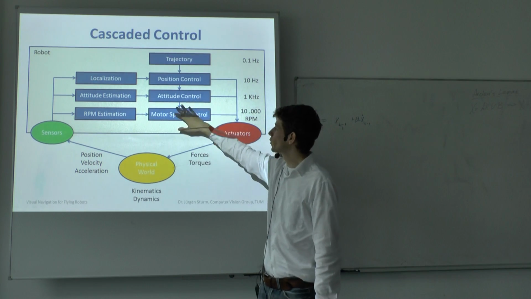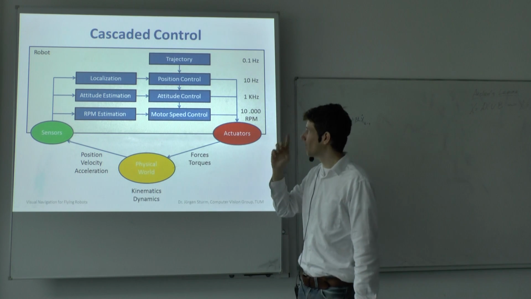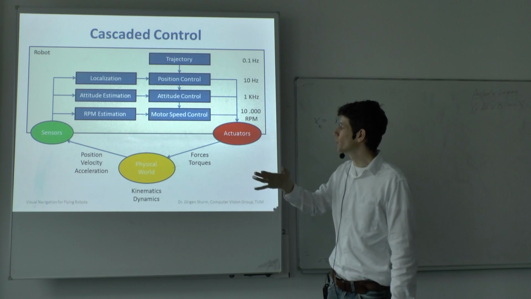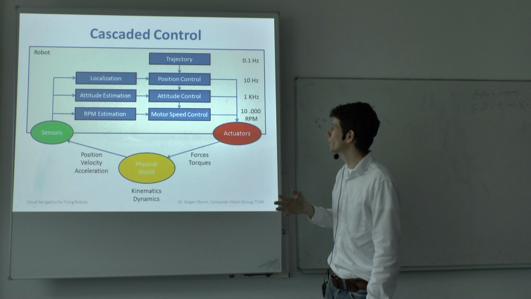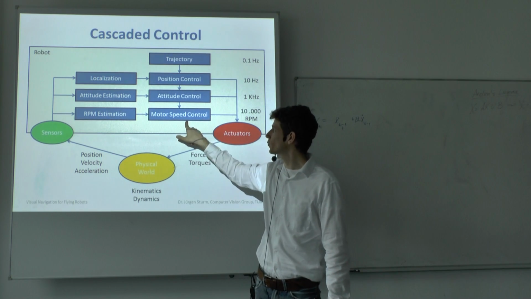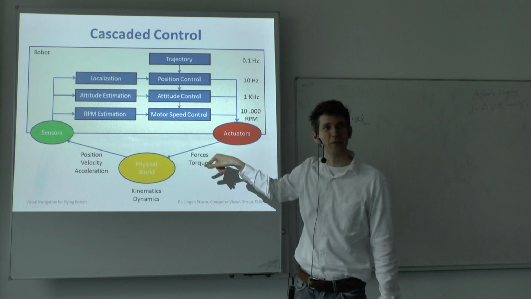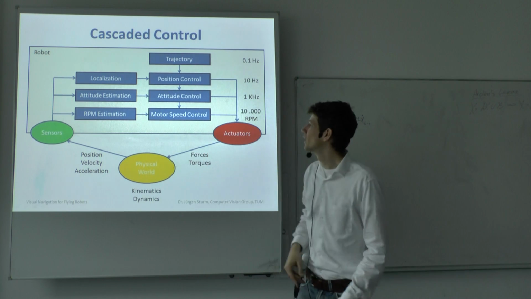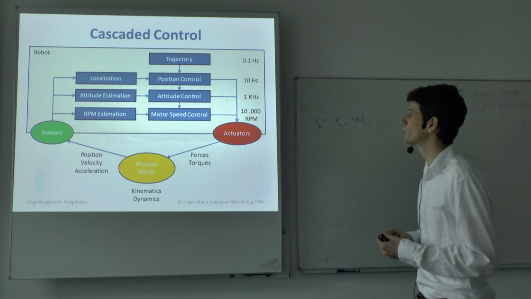And also the attitude controller says, for example, well, I need now a certain attitude. No, sorry, I need a certain motor speed. It will pass on this motor speed to the motor speed controller, and because this thing runs so quickly, it will immediately achieve this position.